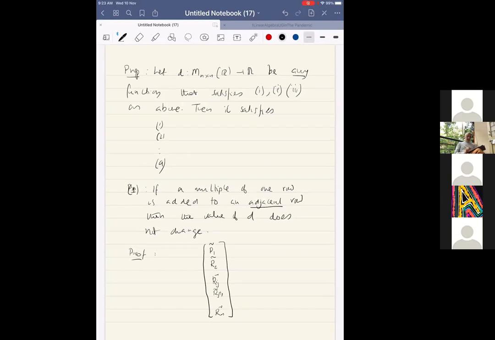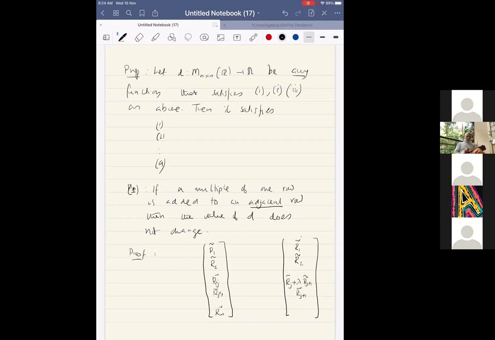And supposing I add a scalar times the j plus 1th row to the jth row. So R1 tilde doesn't change, the second row doesn't change, and what happens is that the jth row changes to lambda times the j plus 1th row plus the original row.